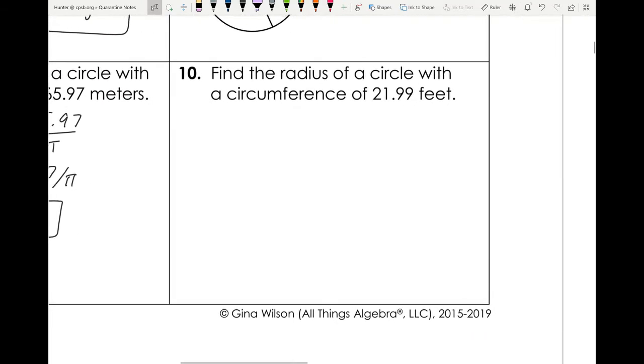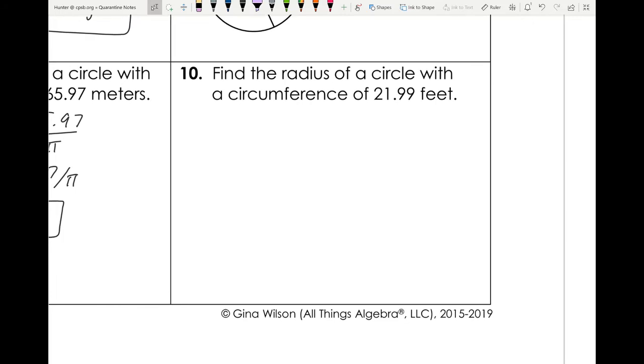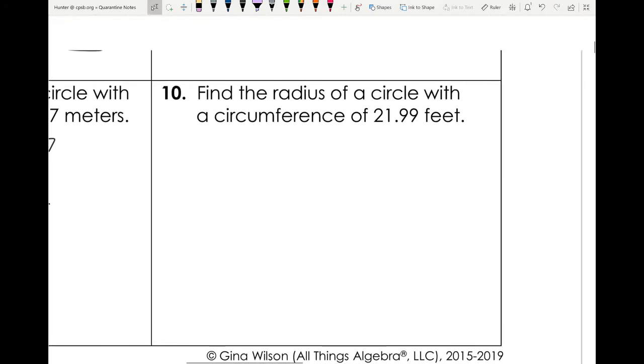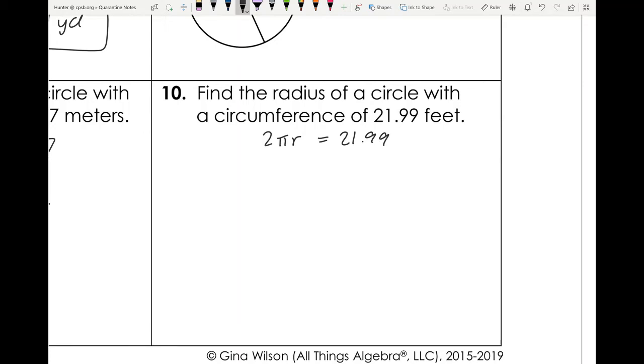Now we're going to find the radius of a circle with a circumference of 21.99 feet. Very similar, but I'll work it out for you. For the radius, the circumference formula is 2 pi r. So we'll set 2 pi r equal to the circumference, which is 21.99. Divide both sides by 2 pi.